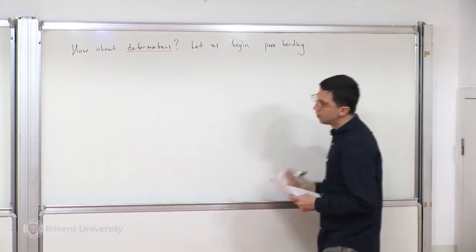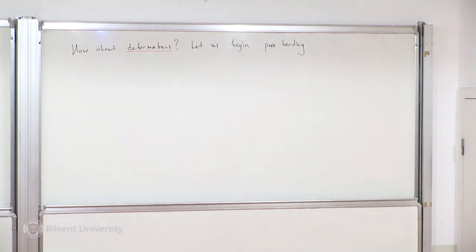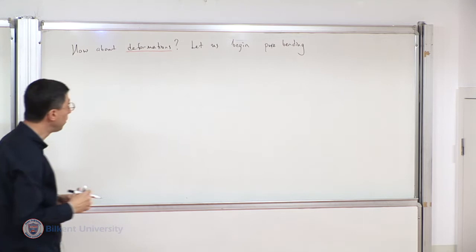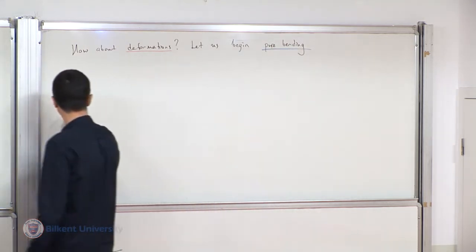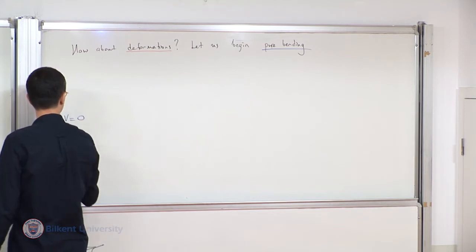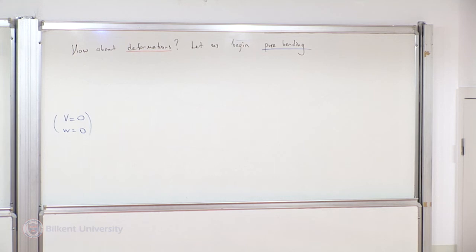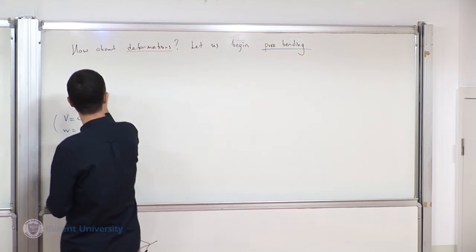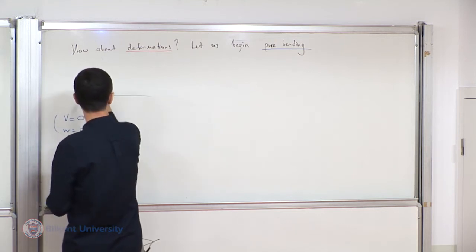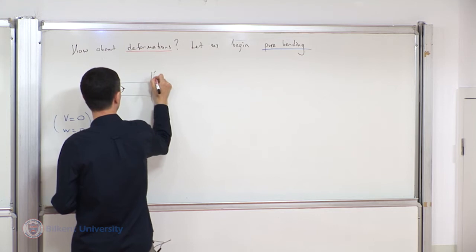That's what we are going to talk about, pure bending. So eventually I will draw a diagram. There will be no distributed load. There will be no shear force imposed on the structure, only a bending moment. The structure is the same, again, a cantilevered beam.